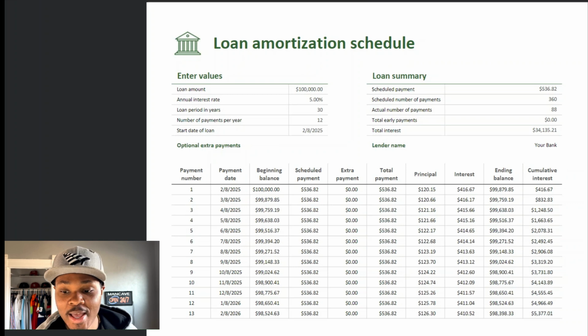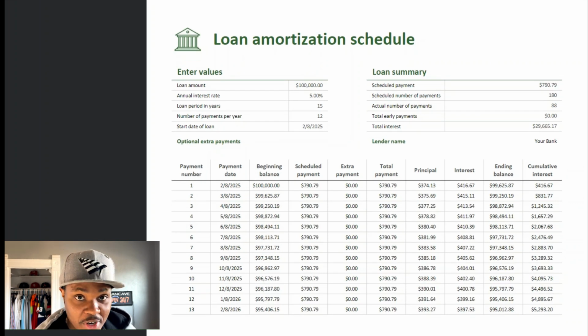All right. So I did another example where it's $100,000 at 5% for 15 years. Okay. So if you paid $100,000 at 5% over 15 years, your payment would be $790. Okay.